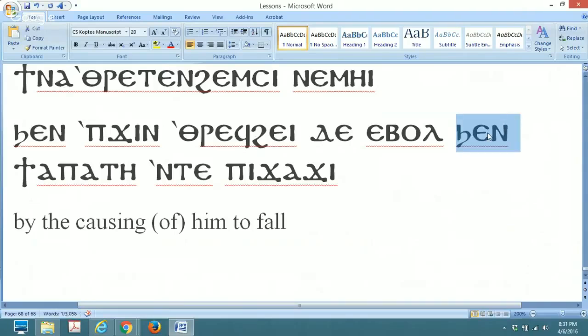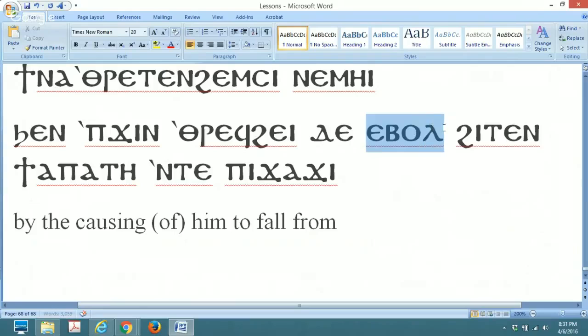Sorry, this should be, I think it's Evol Hiten. Evol Hiten means, remember Evol means from, and Hiten means by or through. So we combine Evol Hiten as from through or from by.